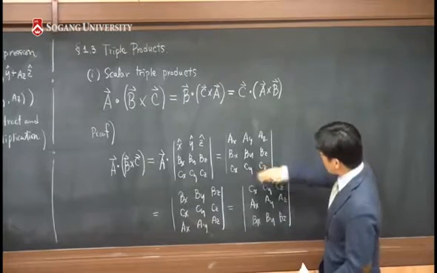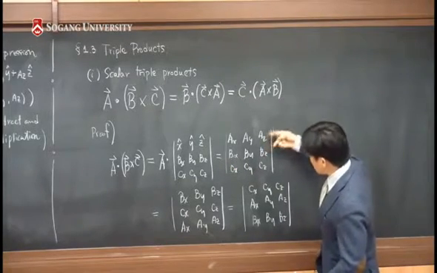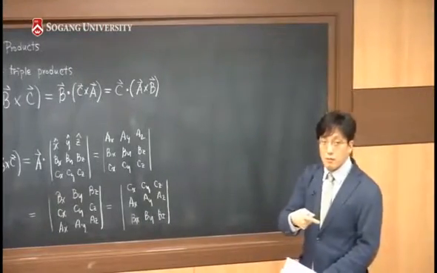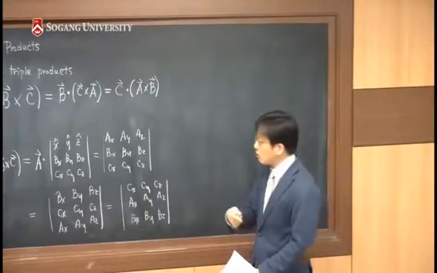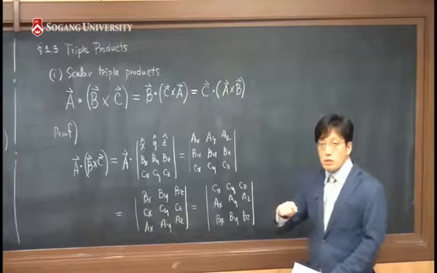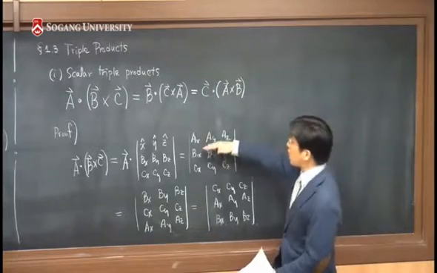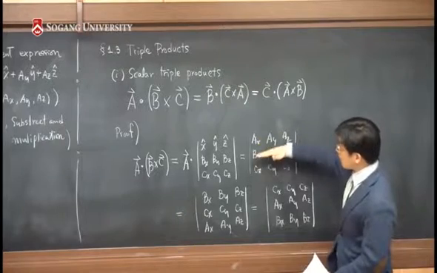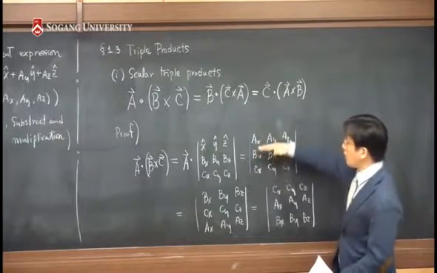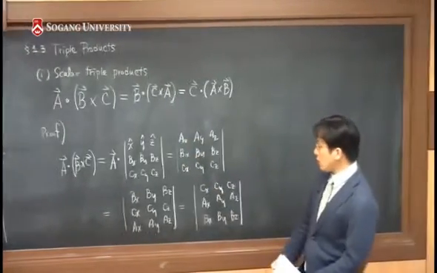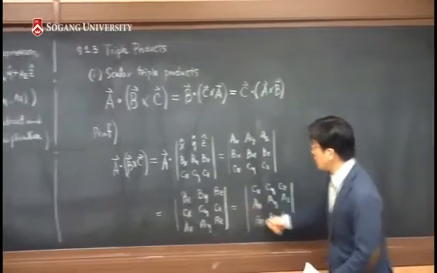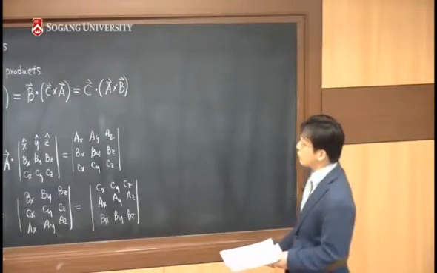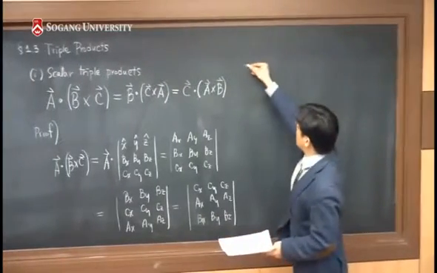Of course, if you just fix this and then flip these two, then an extra minus sign will come out in your determinant. But the determinant value is invariant under the cyclic permutation of the rows, as you put B first and C second, and then A in the bottom. Okay, so these three are equal, will be the equal value.